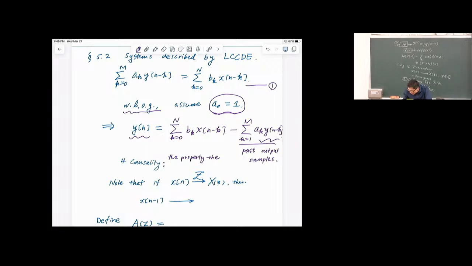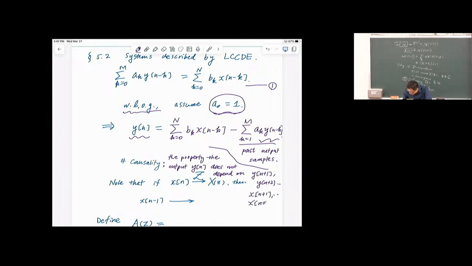Roughly speaking, causality means the property that the output y of n does not depend on future samples such as y of n plus 1, y of n plus 2, and so on, and neither does it depend on future input samples.